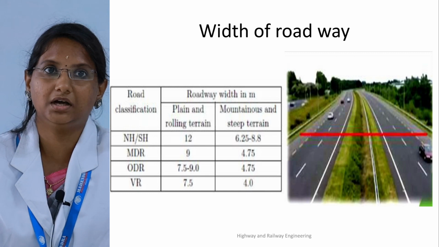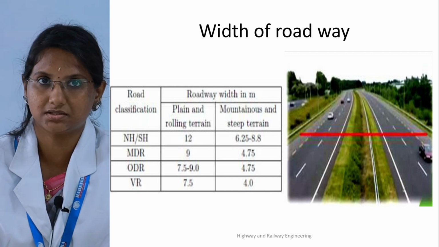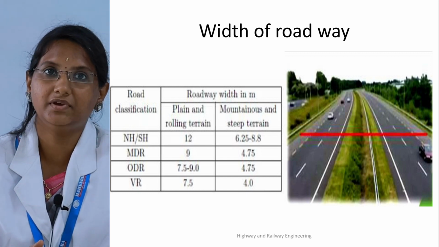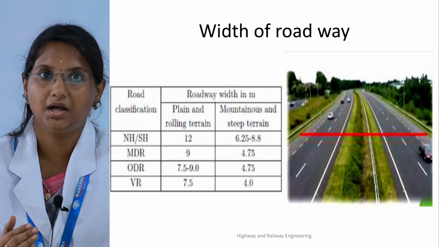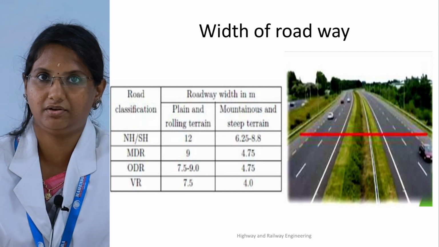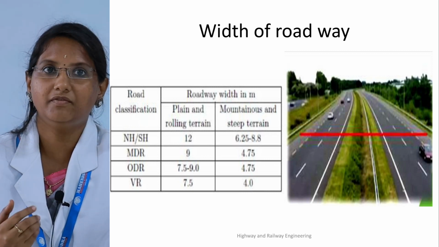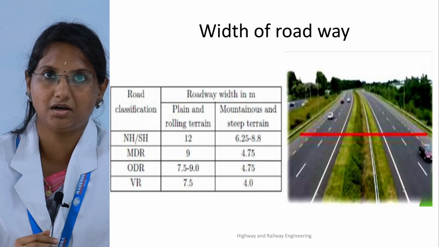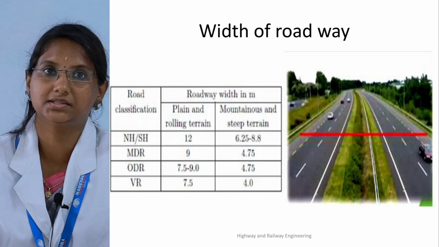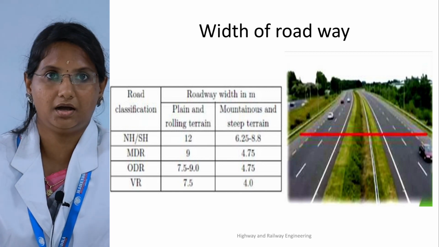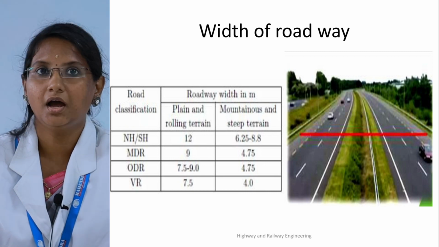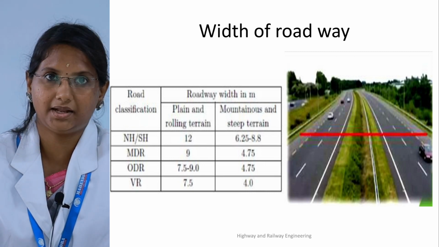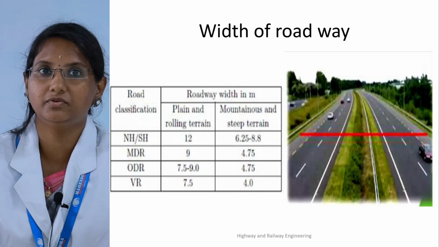For the width of the roadway, for different classes of road as per IRC we have different widths based on the location, like plain and rolling terrain and mountain and steep terrain. For different classes of road the width of the roadway varies as per the IRC. For example, for NH or state highway, for a plain terrain we adopt a roadway width of 12 meters.